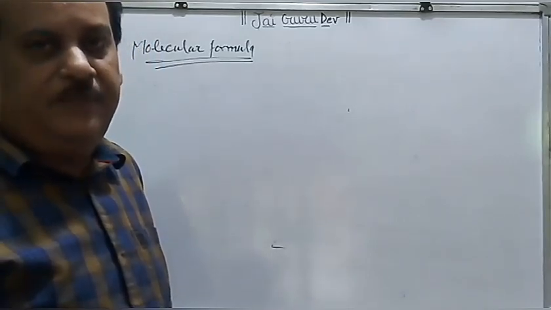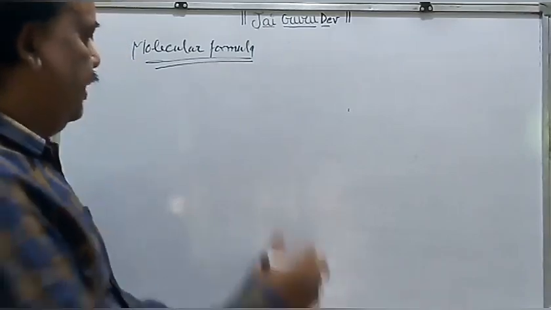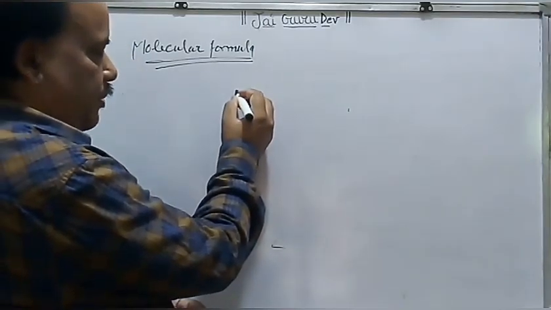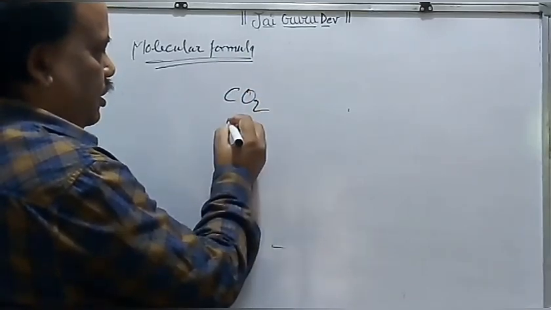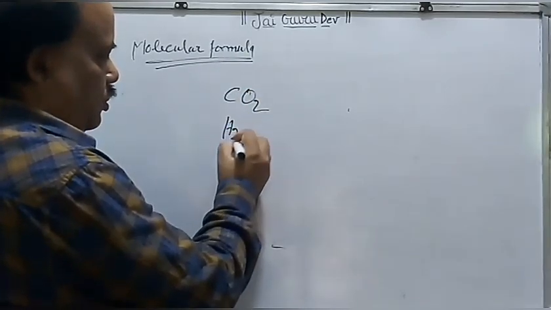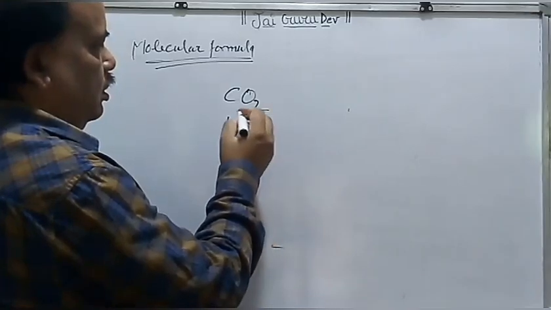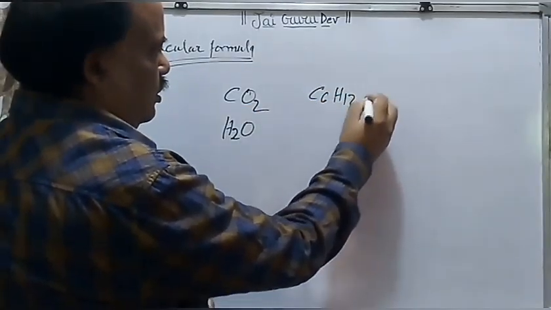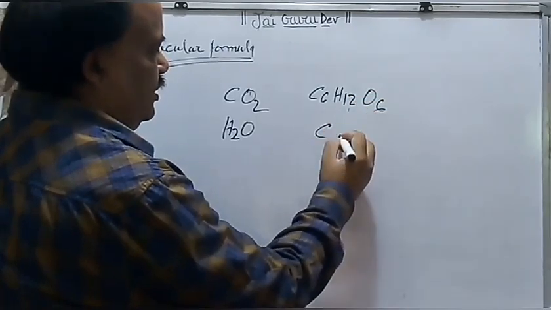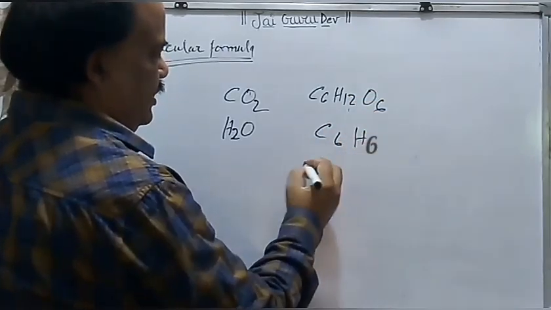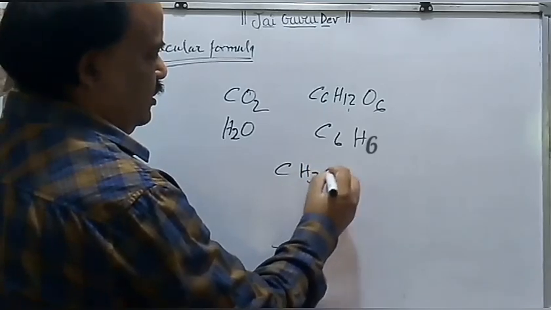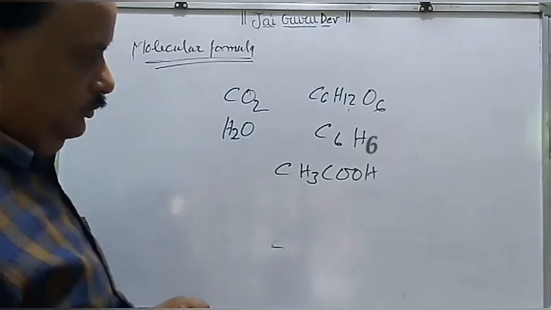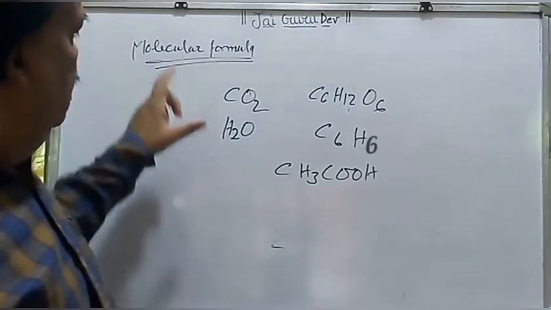For example, the molecular formula of carbon dioxide is CO2, water is H2O, glucose C6H12O6, benzene C6H6, acetic acid CH3COOH.